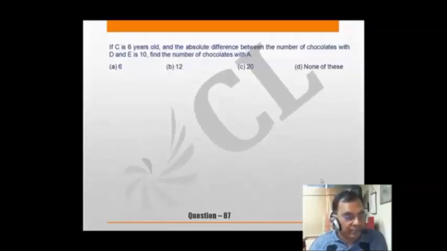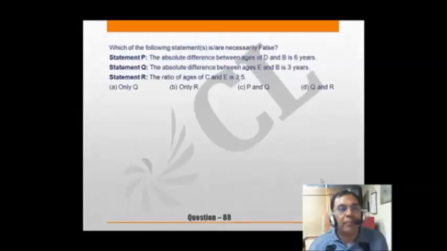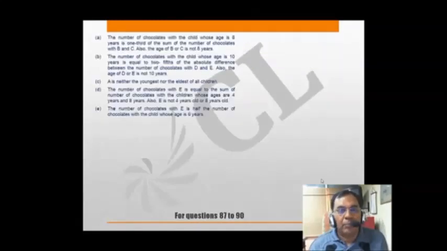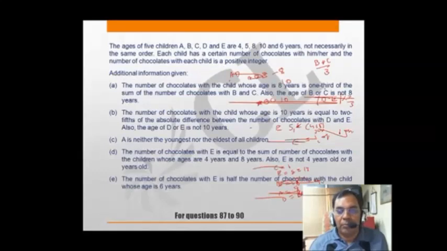B plus C by 3. Now C we are getting is 6 years old. He has got 2E.